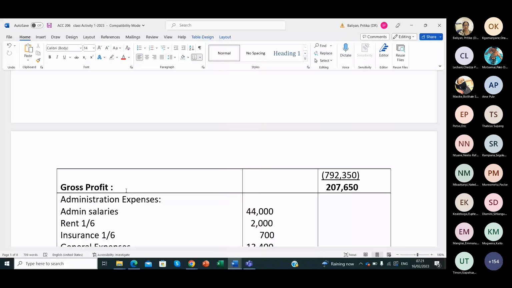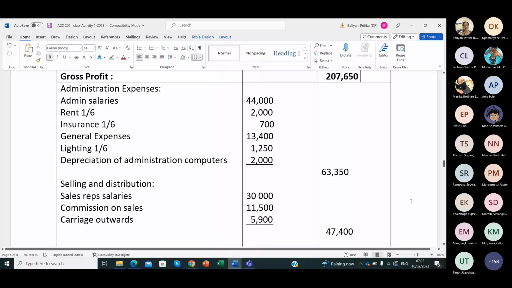Then, having the gross profit, the next step in the income statement is to calculate the net profit. So for net profit, we subtract the other operating expenses. In the previous semester, we did not classify the expenses into various categories.